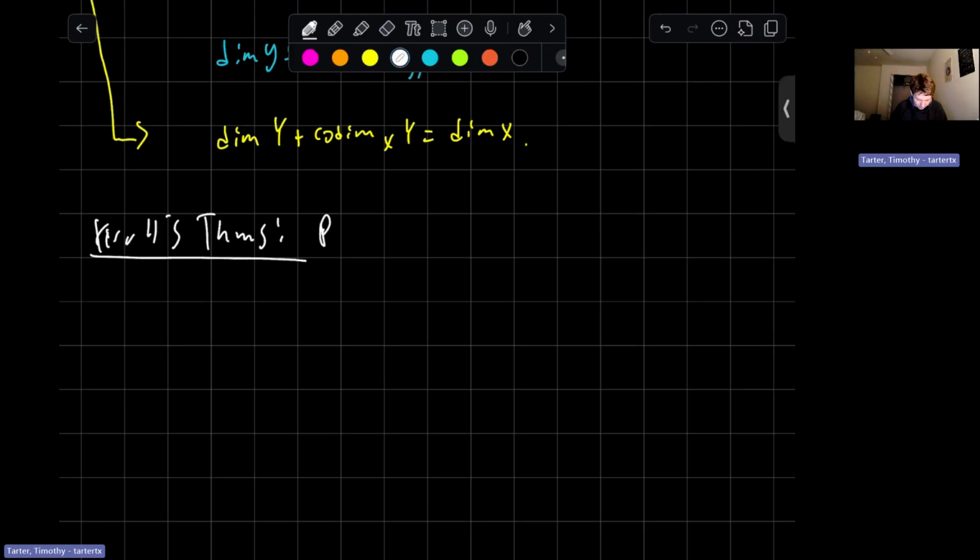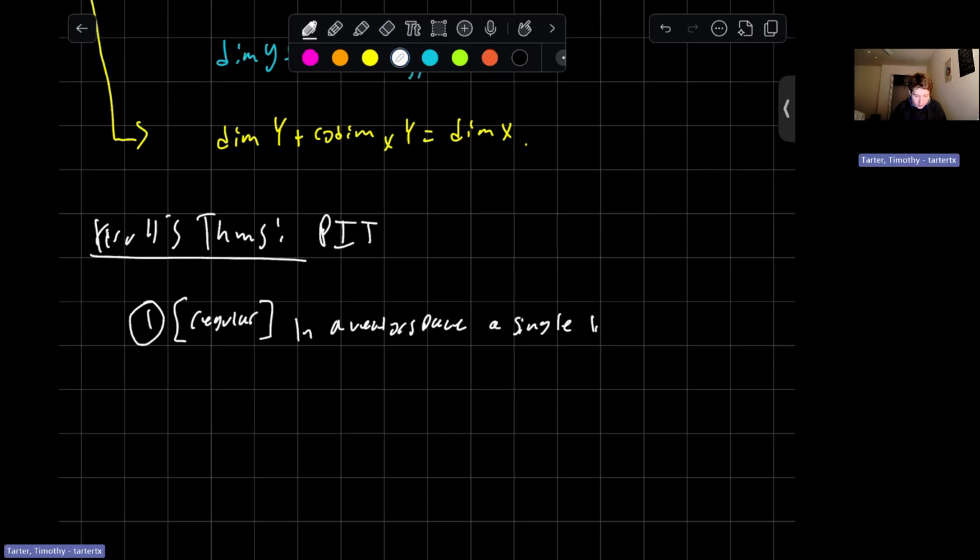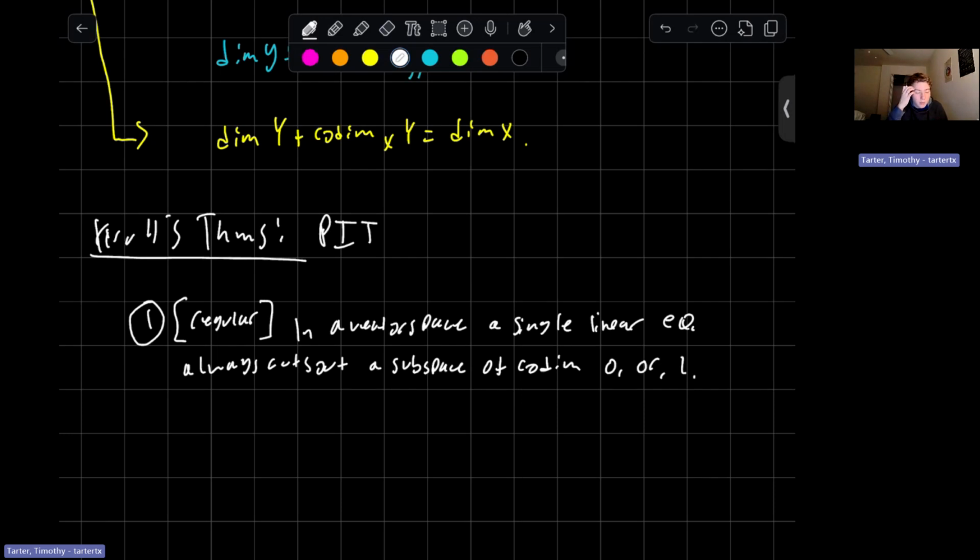So we're going to state the principal ideal theorem in three different lights. One is the regular way, which is in a vector space: a single linear equation always cuts out a subspace of codimension 0 or 1. Codimension 0 occurs only when the equation is 0.